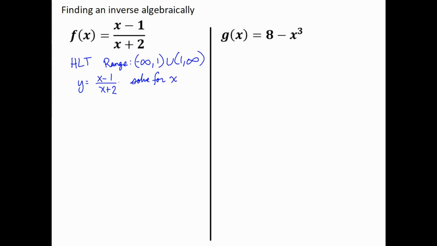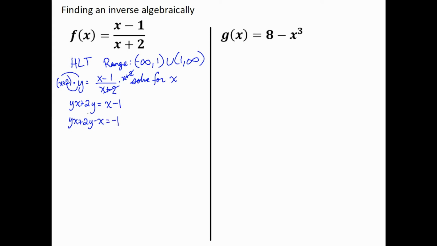So we're going to multiply both sides by x plus 2. We're going to get yx plus 2y after distributing, and that's going to get us x minus 1 alone. Then what we have to do next is subtract x on both sides. So yx plus 2y minus x equals negative 1.